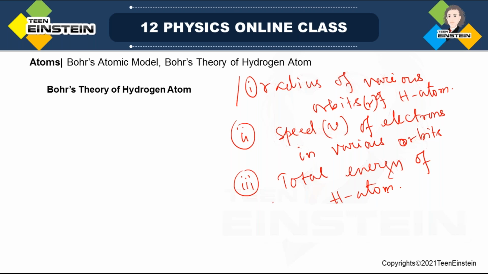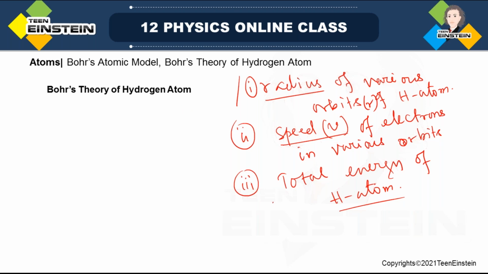So we'll apply Bohr's atomic model to calculate the radius of various Bohr orbits in the hydrogen atom, then the speed of the electron in various orbits, and then the total energy of the hydrogen atom. These are the main, fundamental points in Bohr's theory of the hydrogen atom.